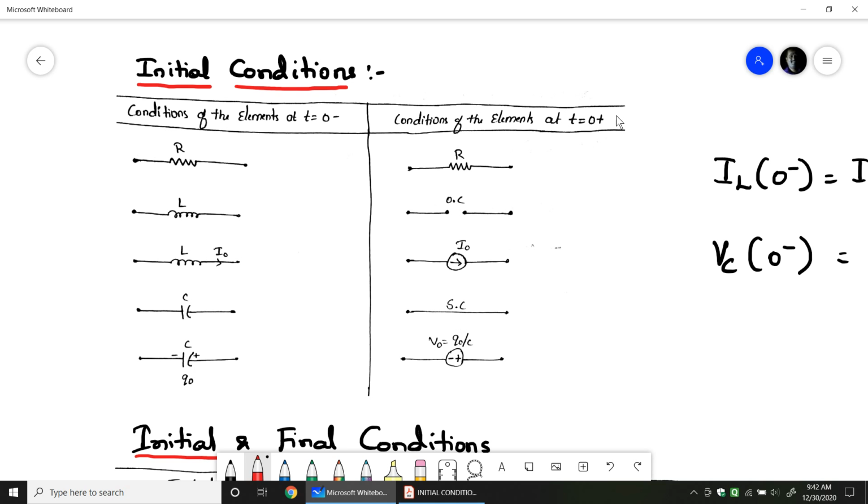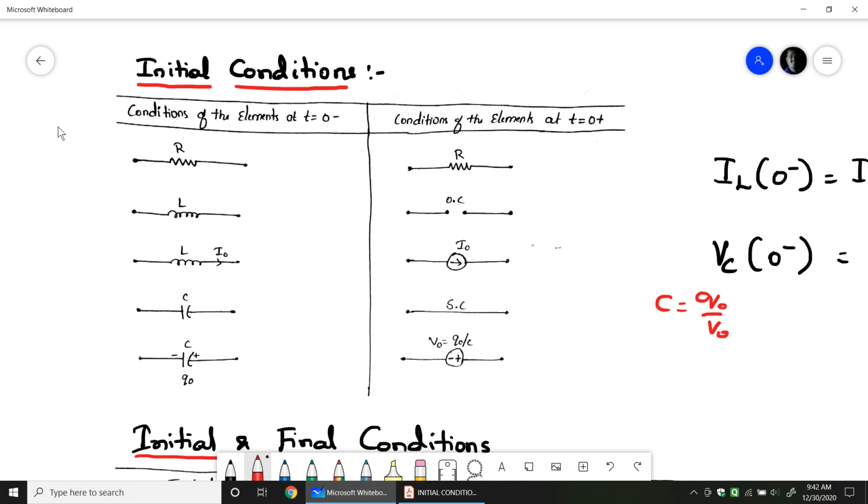Therefore at t equals 0 plus, the capacitor will behave as a voltage source with a value q naught by C. We know that capacitance equals q by V naught, therefore V naught would be equal to q naught by C. That would be the value of voltage that we see. We replace the capacitor with this element at t equals 0 plus, when the switch is closed.